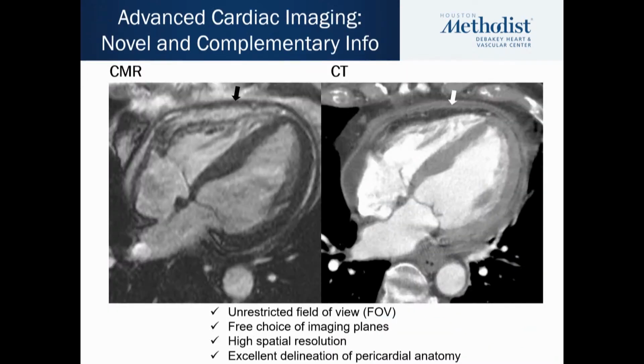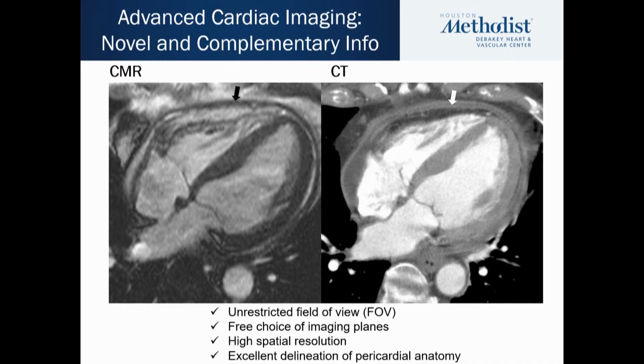So for all of those reasons, there is cardiac MRI and CT to the rescue, which can definitely complement echo. And we know these techniques have a lot of advantages when it comes to imaging, specifically their spatial resolution and their ability to image the entire chest.